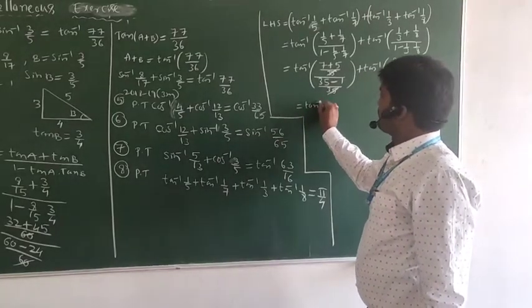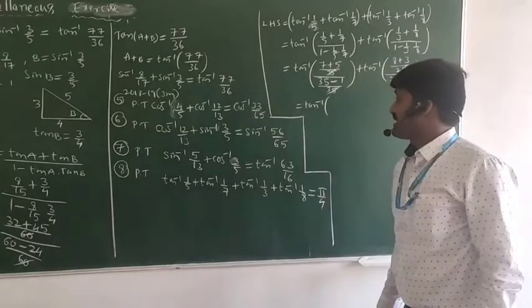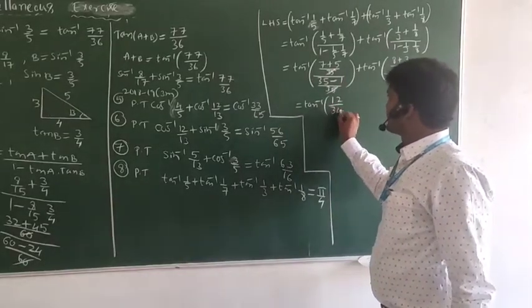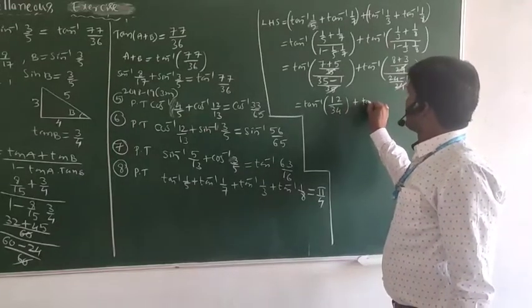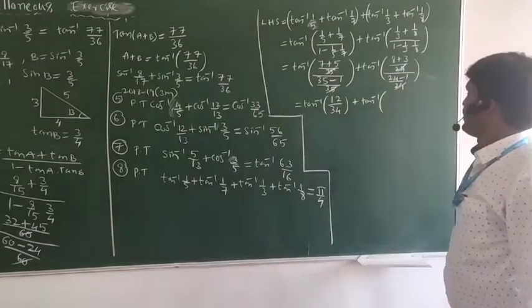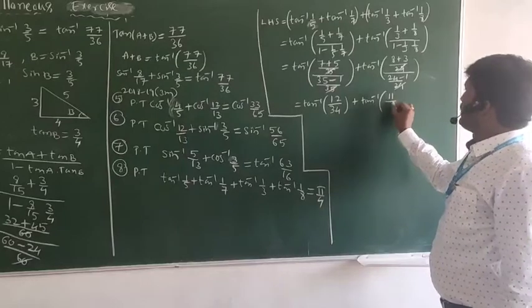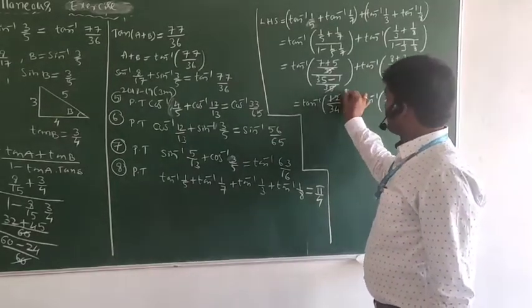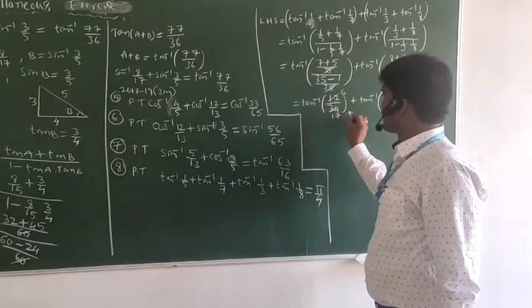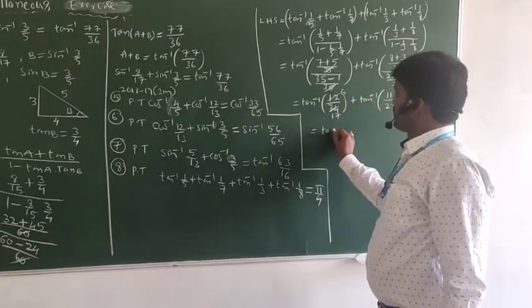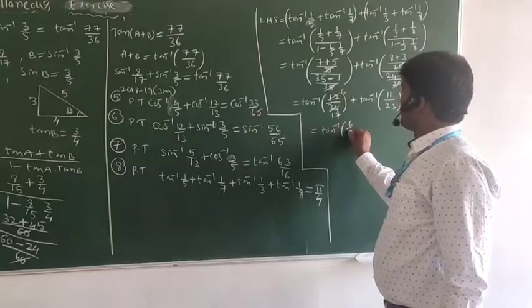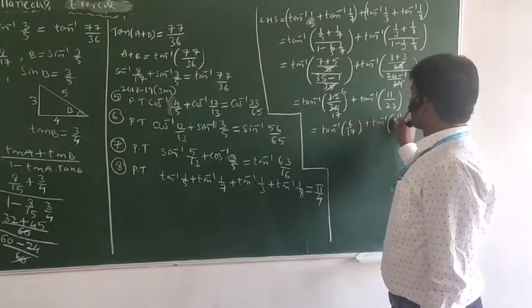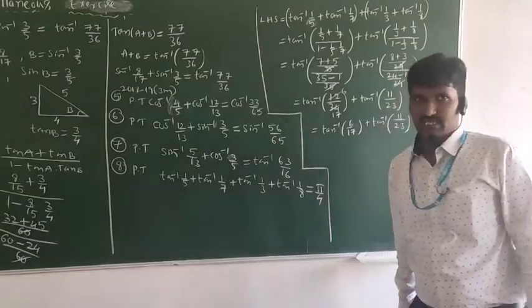From this, tan inverse of 7 plus 5, it's clearly 12 by 34, plus tan inverse of 8 plus 3, 11 by 23. Cancellation you can do here: 6 by 17. Tan inverse of 6 by 17 plus tan inverse of 11 by 23.